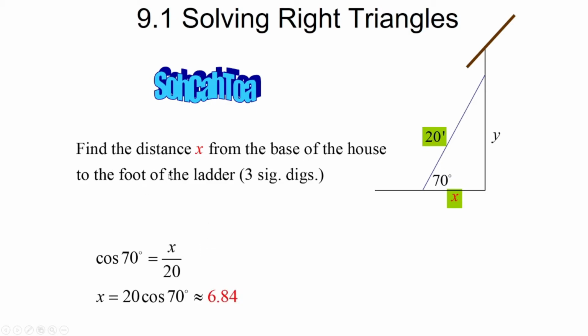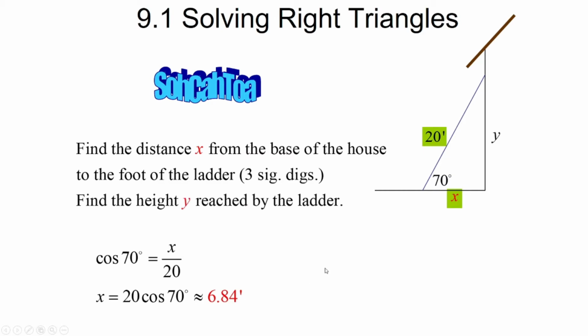It's from the base of the house to the foot of the ladder. Oh yeah, that hypotenuse is in feet, so this x would be in feet right there. So that is 6.84 feet. That's reasonable. That must be a really big ladder though. It's reaching pretty high up that house, isn't it?